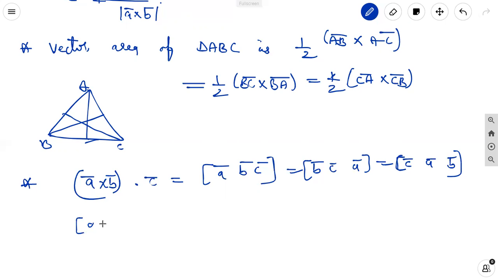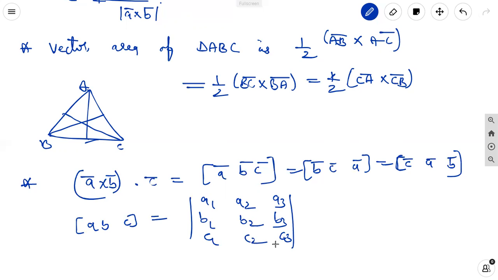And [a, b, c] is the determinant of a1, a2, a3; b1, b2, b3; c1, c2, c3. I already explained this.